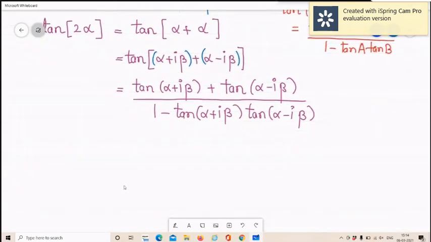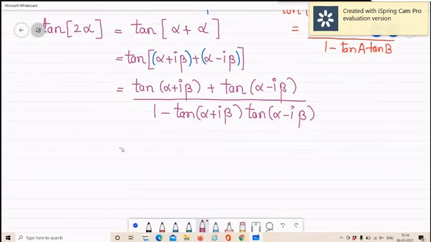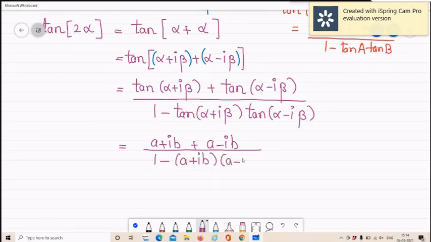So I am going to substitute here. I am getting a plus ib plus a minus ib upon 1 minus a plus ib into a minus ib. So what do you get? ib gets cancelled. This is 2a upon 1 minus a square minus I square b square. I square is minus 1.